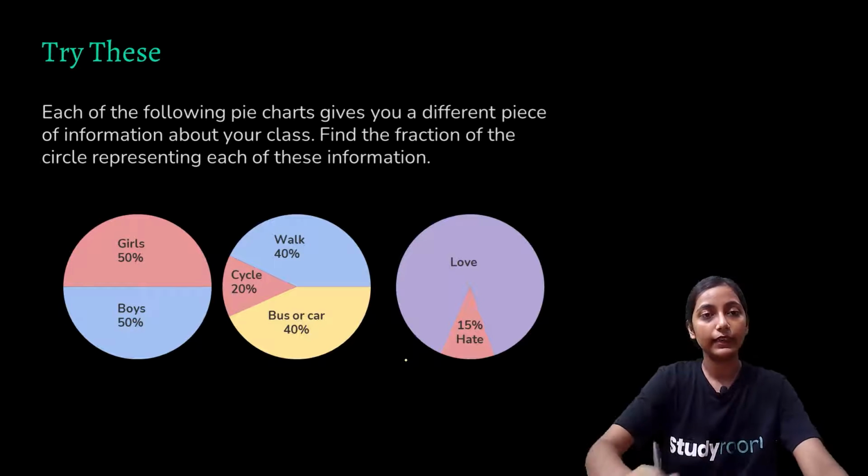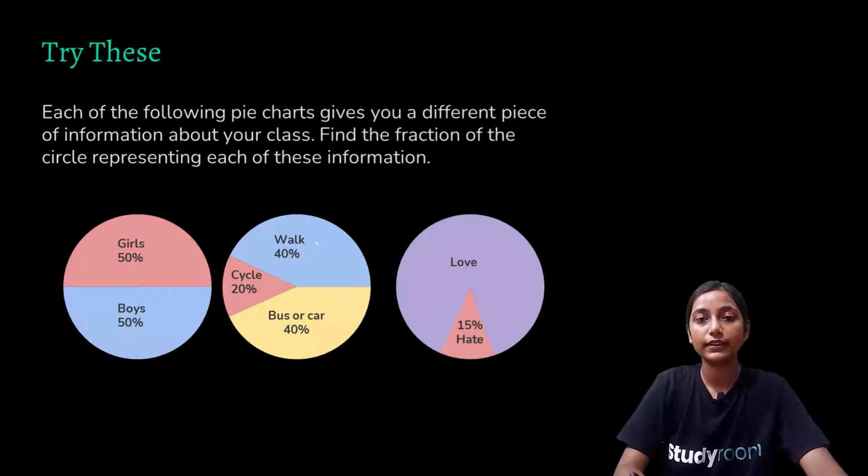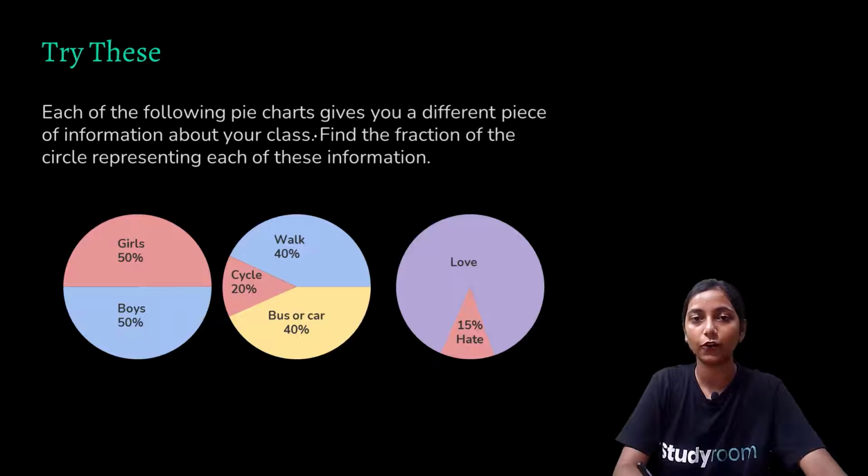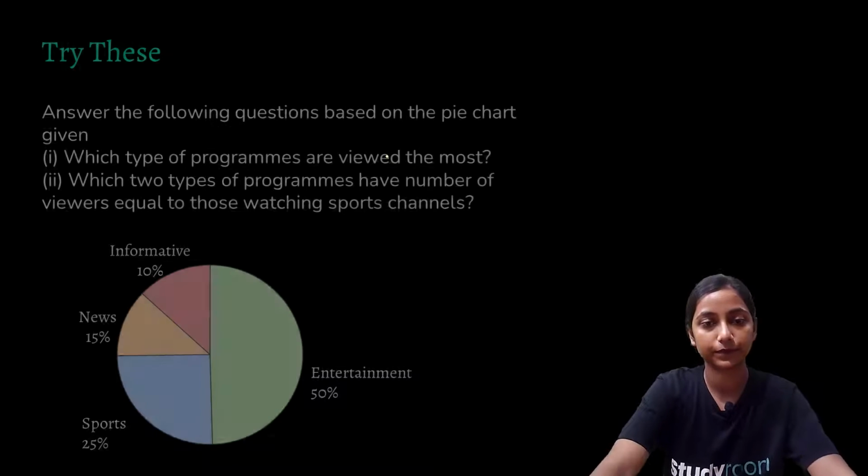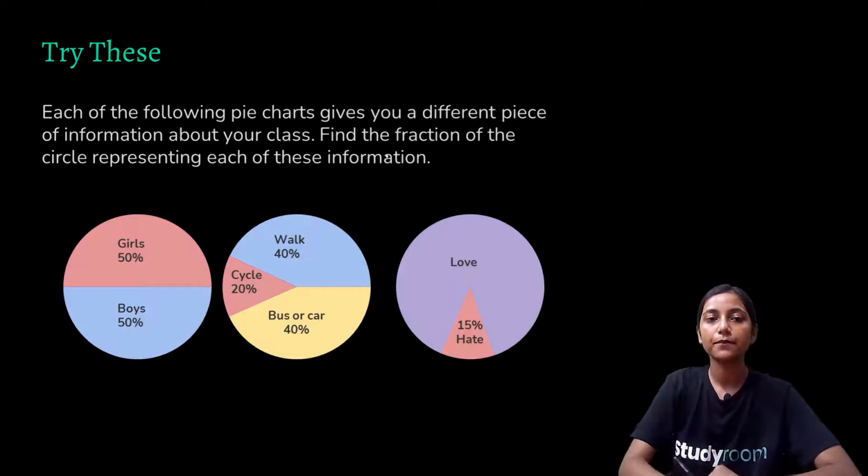What is next? We have to try these 3 questions. We are given that each of the following pie charts gives you a different piece of information about your class. We need to find the fraction of the circle representing each of these pieces of information. So let's do it.